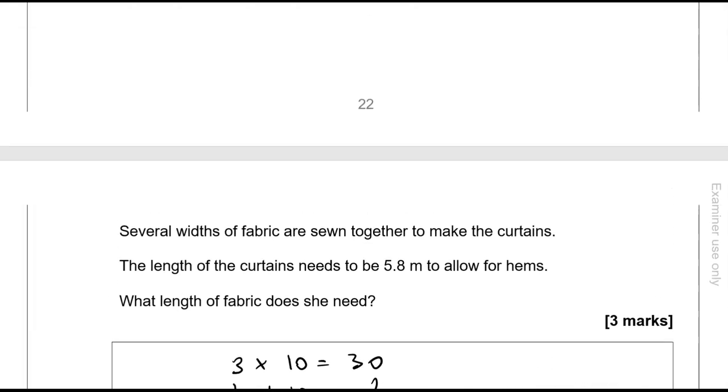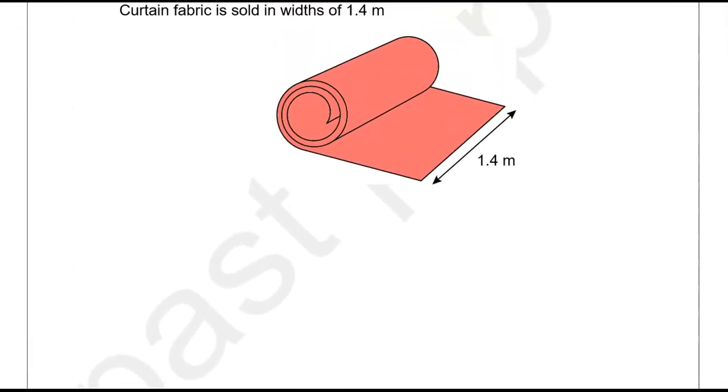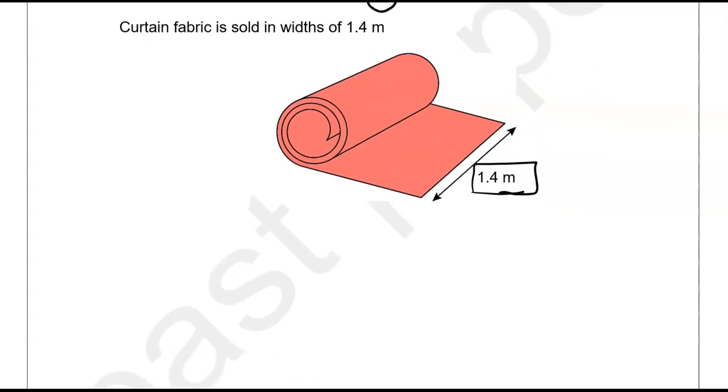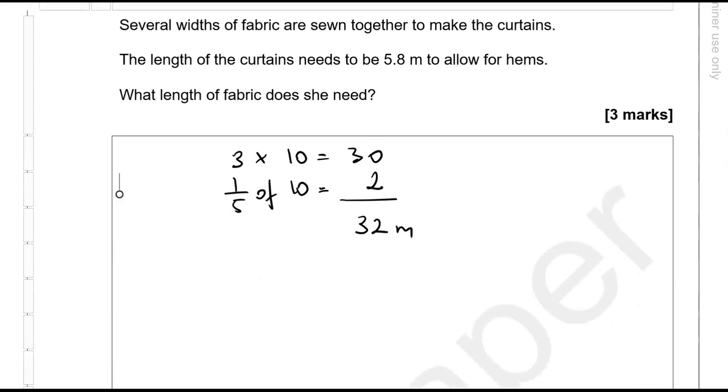and each of these are 1.4 meters wide. So how many of them do we need? So we'll go 32 divided by 1.4, which gives us 22.8571 and so on.